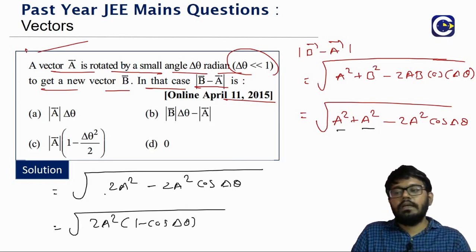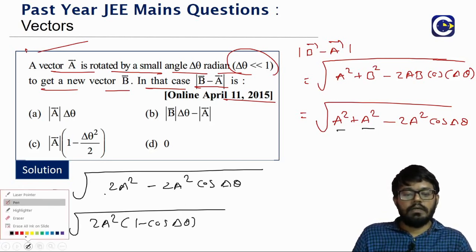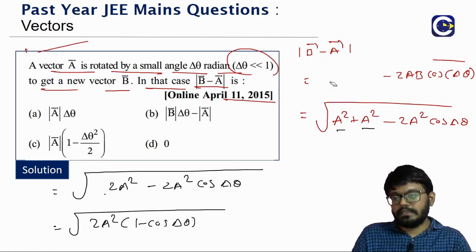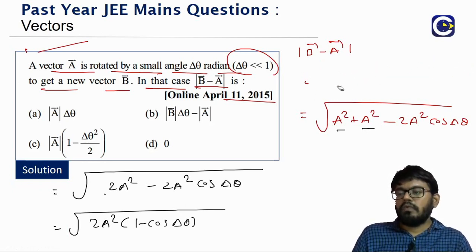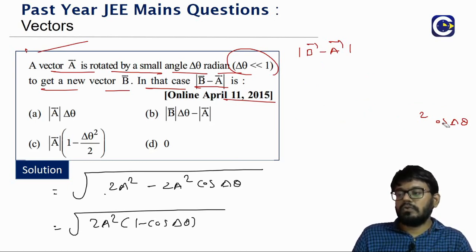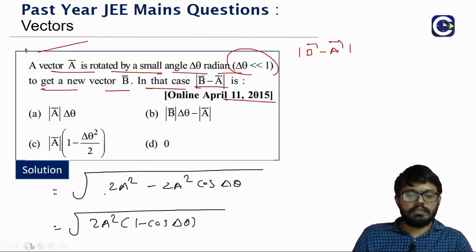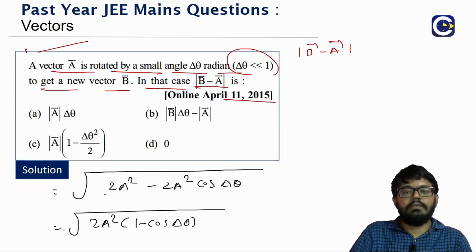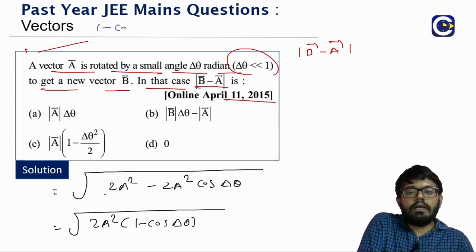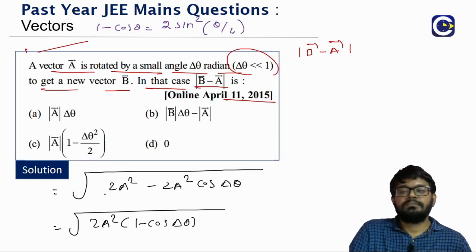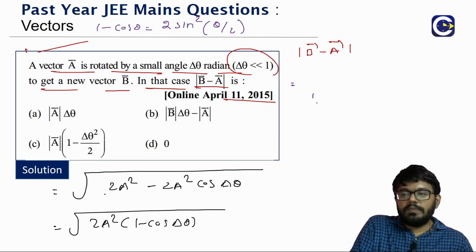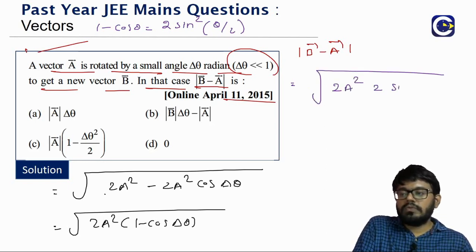So here we will have to use some trigonometric identities. 1 minus cos theta can be written as 2 sine square theta by 2. What is the trigonometric identity we are using? 1 minus cos theta is equal to 2 sine square of theta by 2, which means root 2a square into 2 sine square.